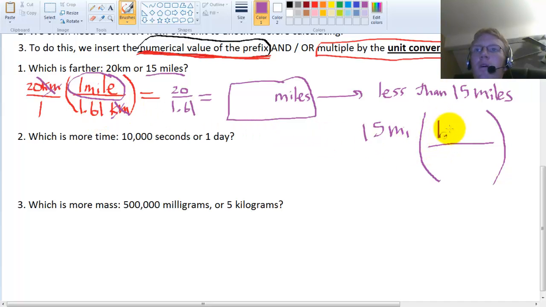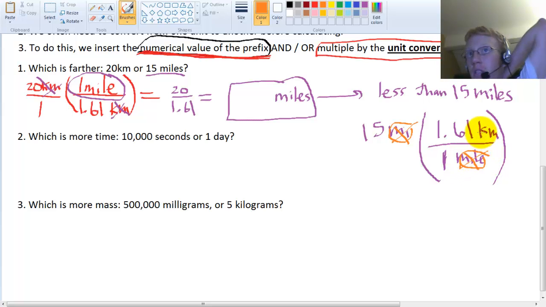So you're going to multiply by 1.61 kilometers per 1 mile. And the way that you can tell which is in the numerator and which is in the denominator is that you need these to cancel out. So miles here is in the numerator, so I need miles to be in the denominator so they cancel out. If I put this miles in the numerator, I would have miles times miles, which would be miles squared, which is not going to cancel out.